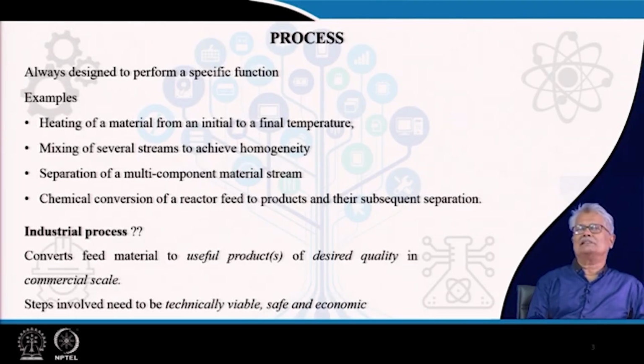So the process is, in this particular case, heating of a particular liquid stream, which is kerosene, from an initial to a final temperature. We definitely also have the definition of process in terms of unit operations and unit processes.